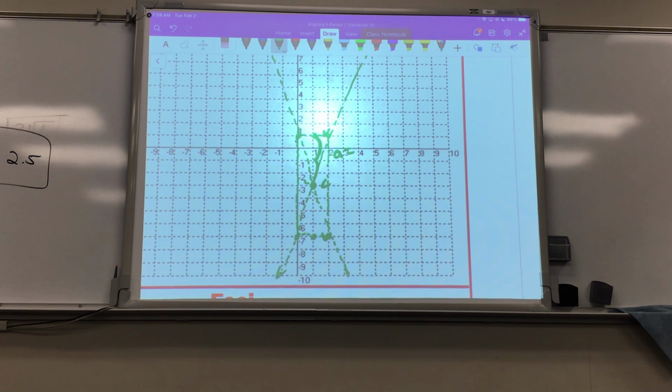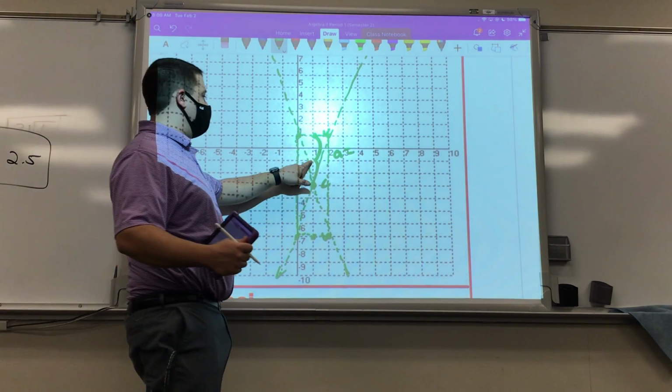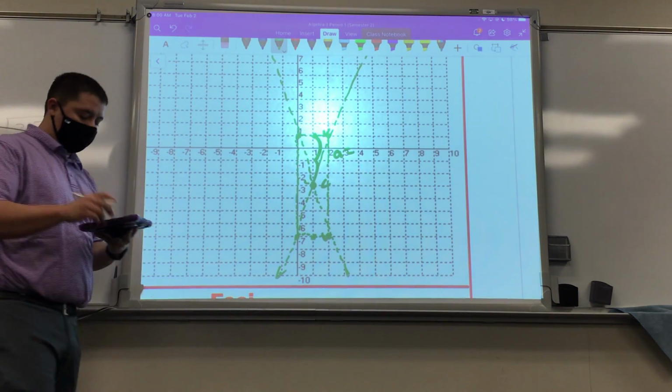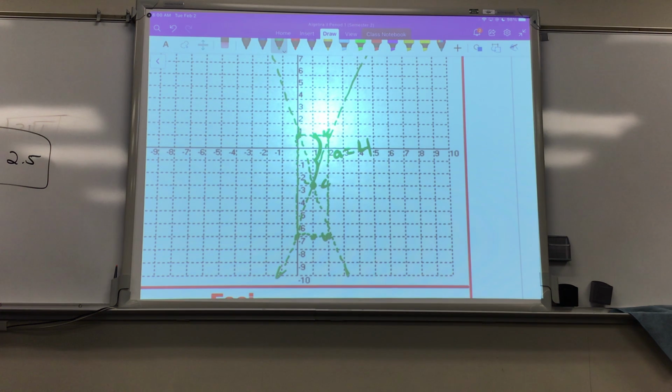Mason? Center to vertices. What do we got? 4. Center to vertices is always A, right?